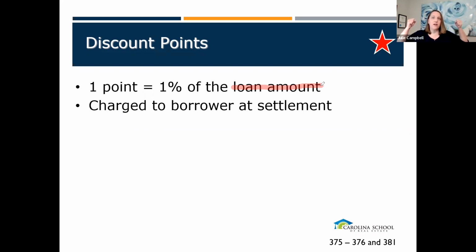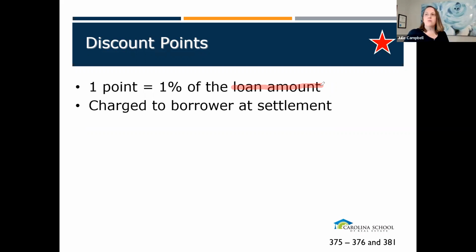Do you care about the sales price or do you care about the loan amount as the lender? You care about the loan amount because that's the money. So your problem will give you the purchase price. It will give you the loan amount. So don't let it trick you. Any lender fees are going to be of the loan amount, not the purchase price.